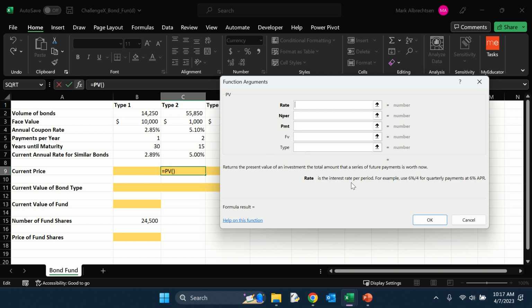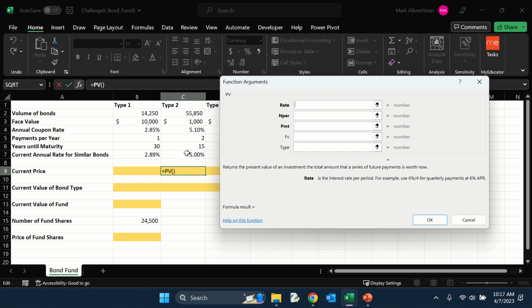Now the rate is the interest rate per period. So we see with this bond that we have 15 years until maturity, but we also have 2 payments per year. So the total number of payment periods that we have is 30, which is 15 times 2. So we want the interest rate per period.